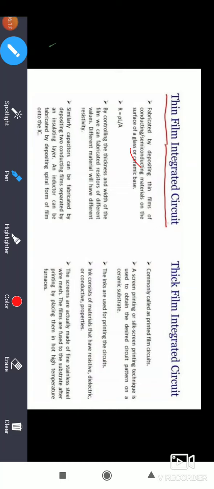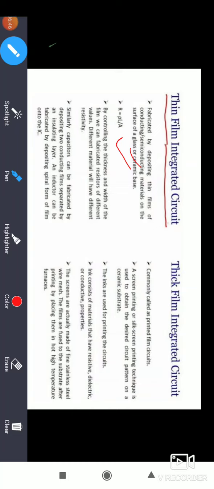The resistance of this IC can be calculated using the formula R equals rho L by A, where rho is the resistivity, L is the length, and A is the area of cross section. Based on the resistivity of the semiconductor material, we can calculate the resistance of the particular area.